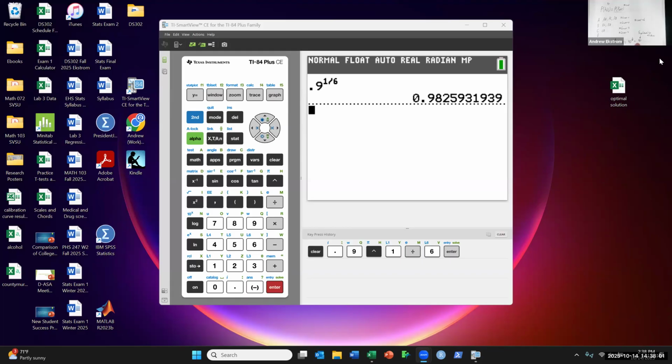It's going to be 0.983, not 0.95, not 0.90 or whatever. It's whatever value we just got here. And 0.983 versus 0.982593 and so on. I'm fine with 3 decimals there.